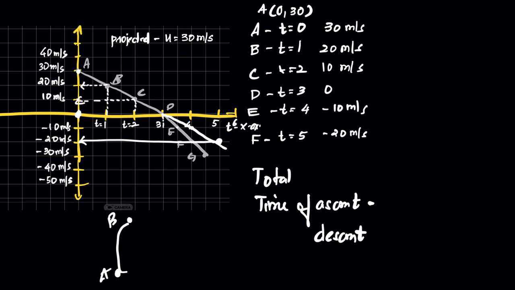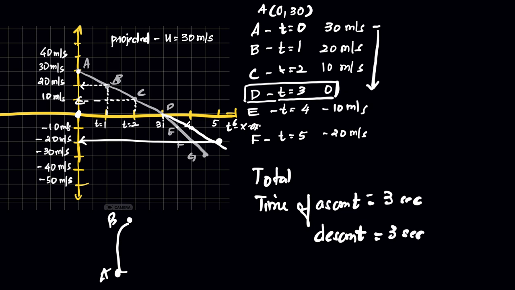The maximum velocity here was the velocity of launch, that is 30. It eventually came down to 0. So 0 velocity was seen at t is equal to 3 seconds, which means time of ascent is 3 seconds. Time of ascent is equal to time of descent, so that will be 3 seconds.